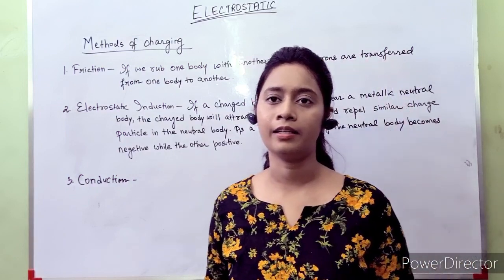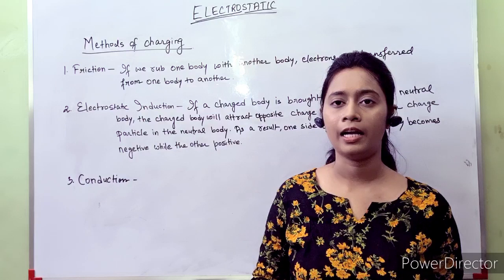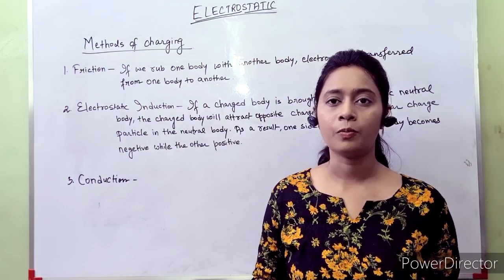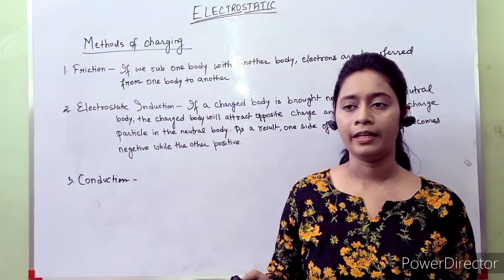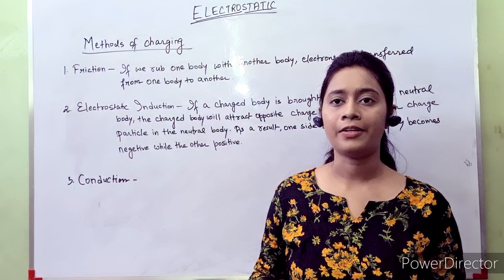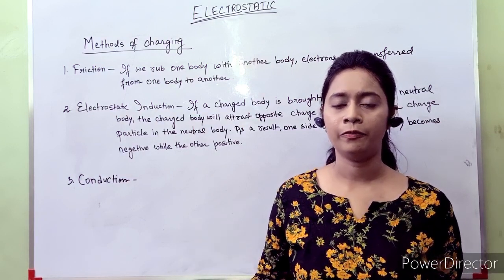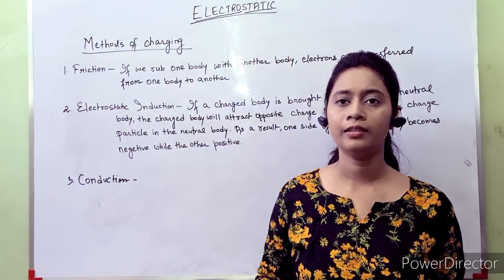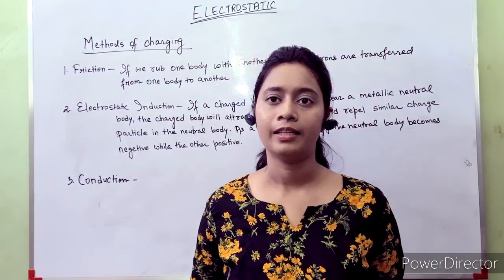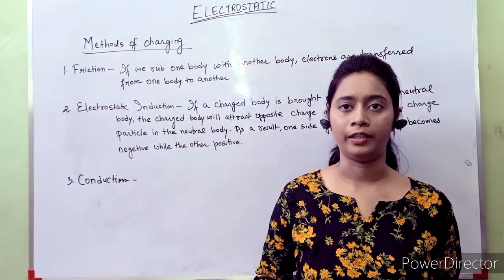I can give you the same example: when we rub a plastic ruler on our dry hair and bring it near small bits of paper, the small bits of paper get attracted to the plastic ruler. The phenomenon is the same. Due to friction, there is accumulation of charges. You must have observed that synthetic clothes stick to our body.